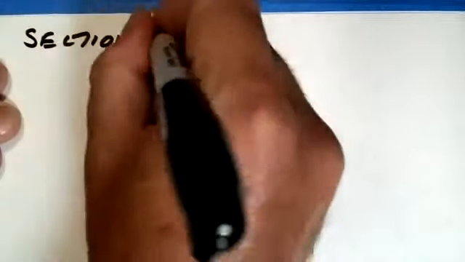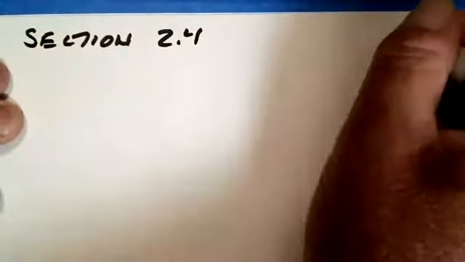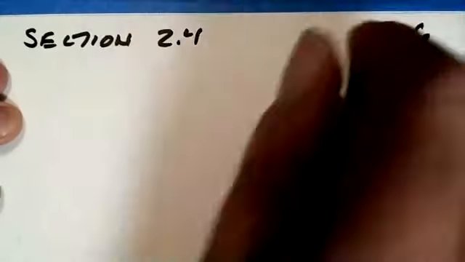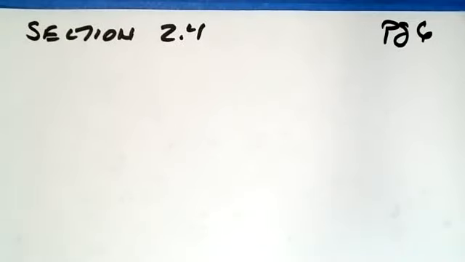Okay, so let's move on to some more complicated examples, and here we're almost getting into something that's a little practical. So section 2.4, now I think we're on page 6. Okay, so let's imagine, how are we going to apply this? What are we going to do?